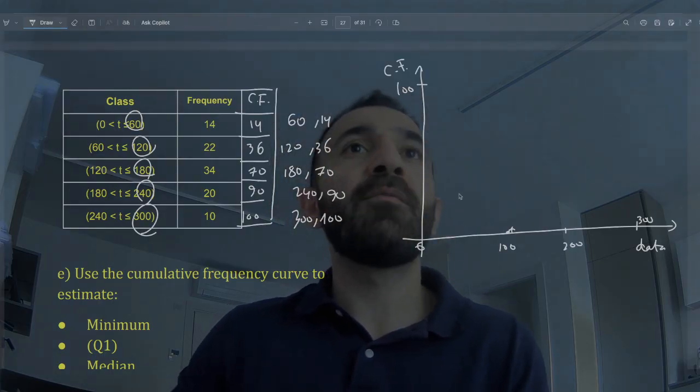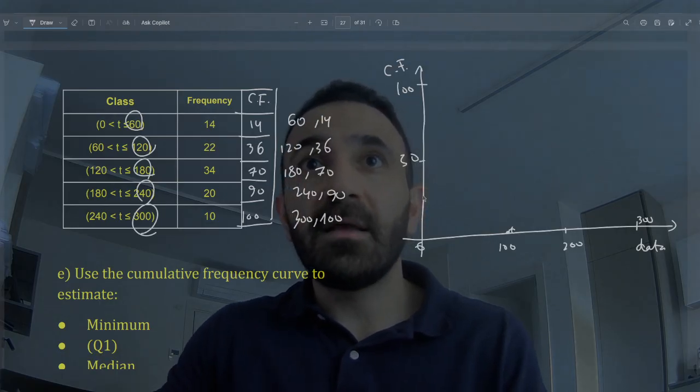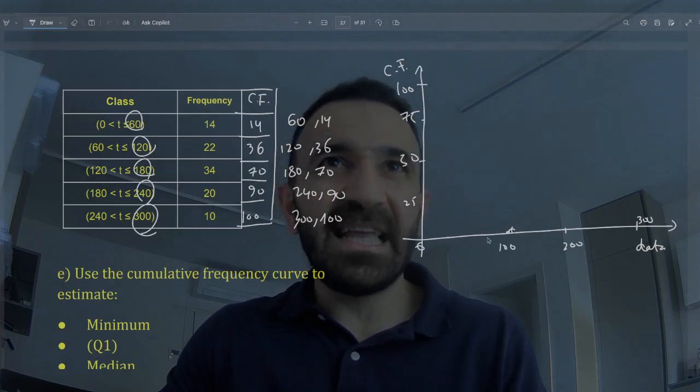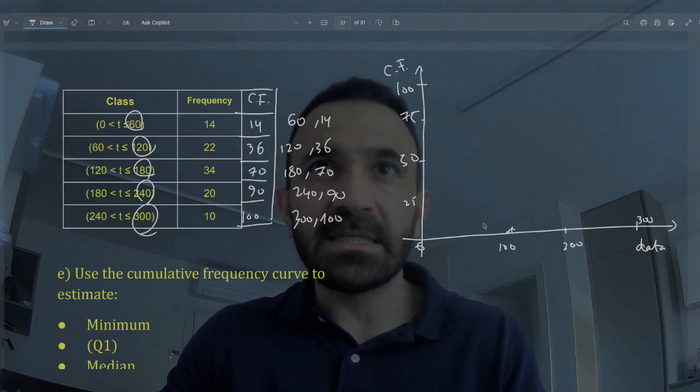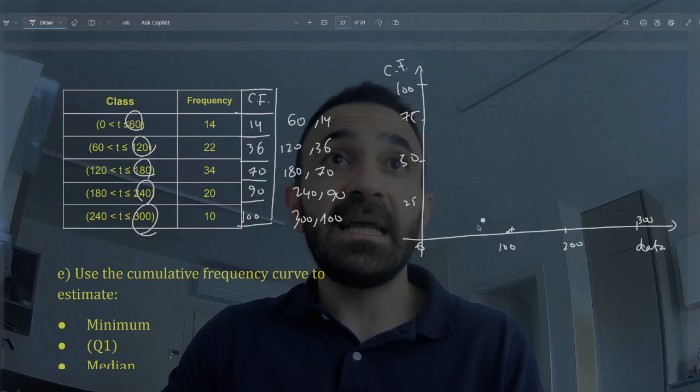So I have to find point 60 and 14. So maybe this is 50 and this is 25 and this is 75. I'm not very precise, so maybe I can choose this point here, 60 and 14.